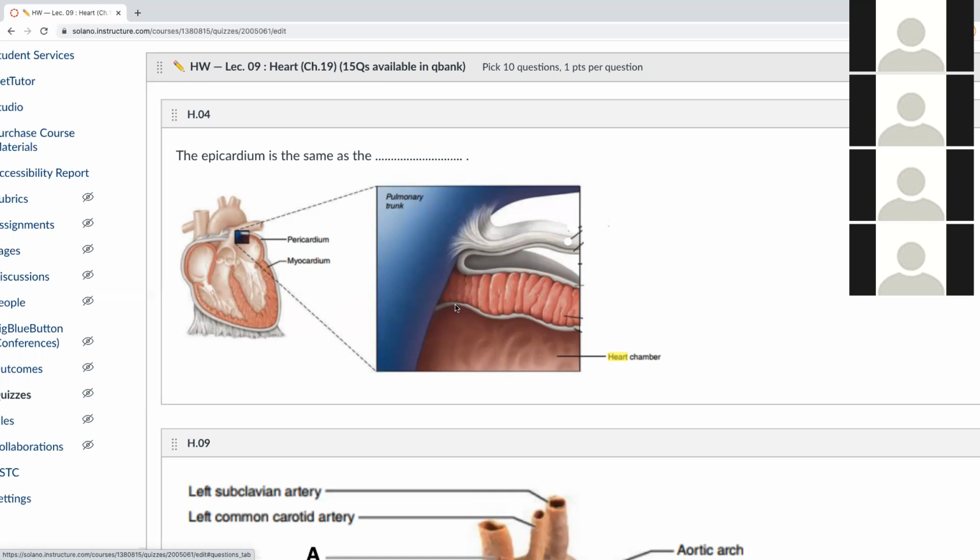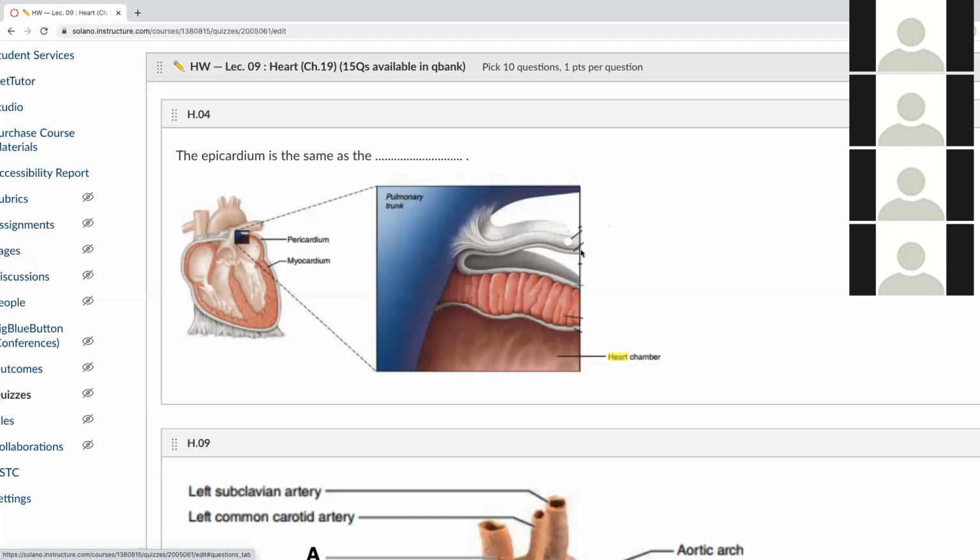But of course, it is in the heart, so we have to give it a different name, which is what we call endocardium. And the muscle layer is myocardium. And the outermost layer is pericardium.